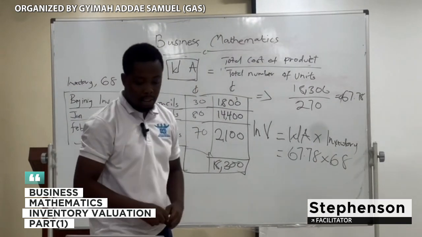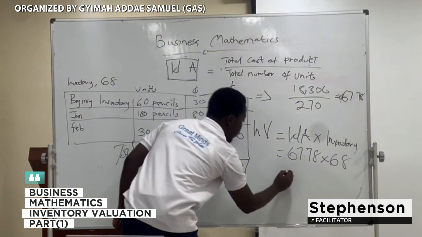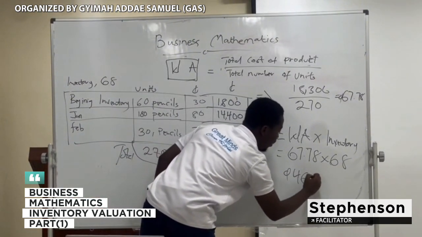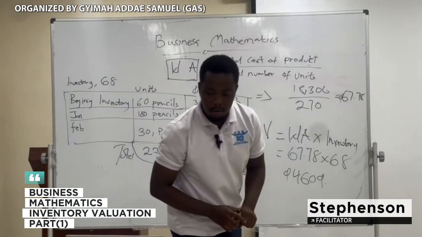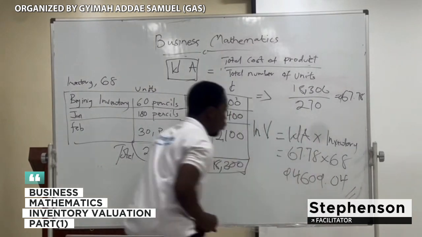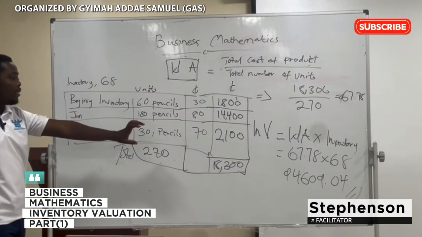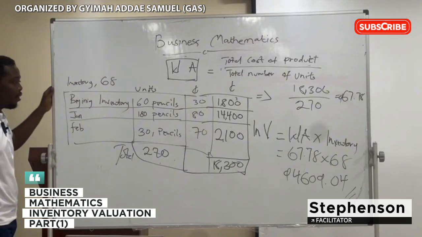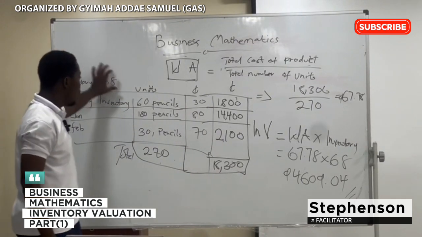What are we getting then? We are getting 4,609.04. So this becomes the valuation of this inventory.